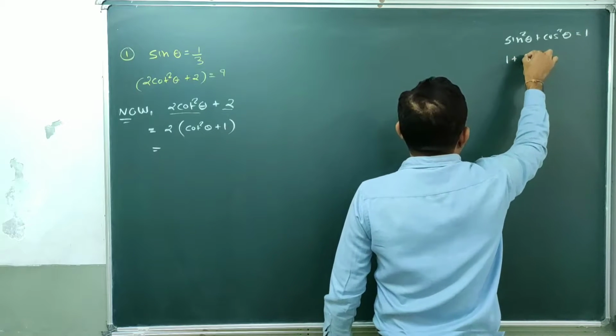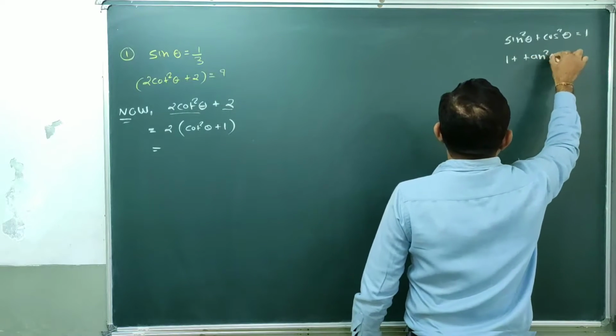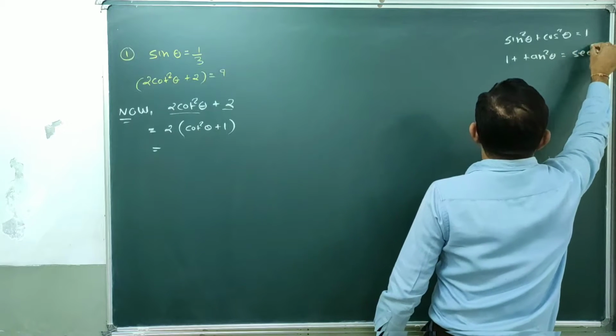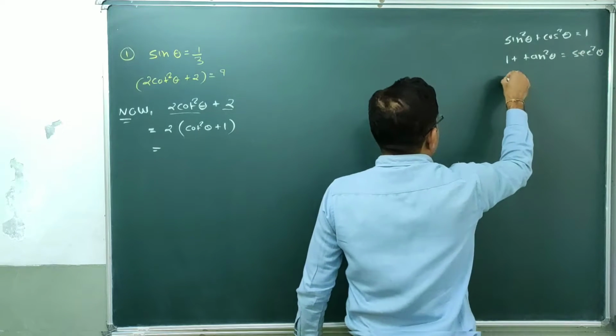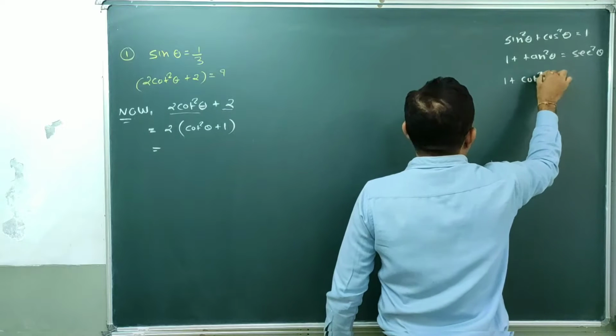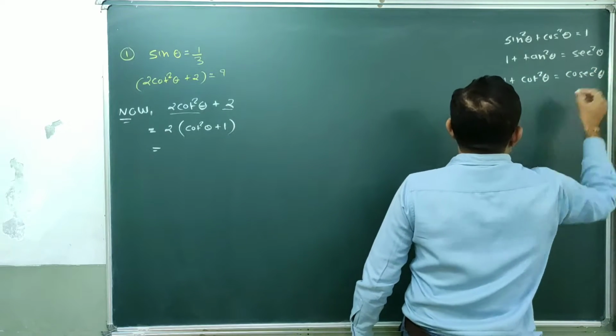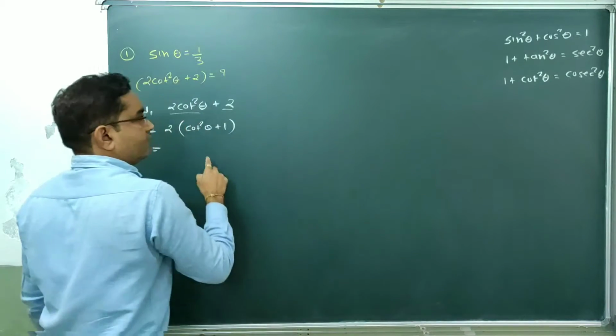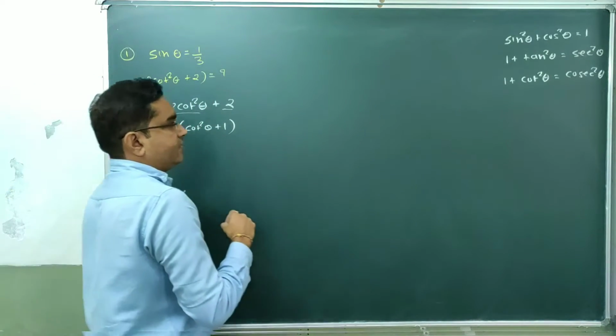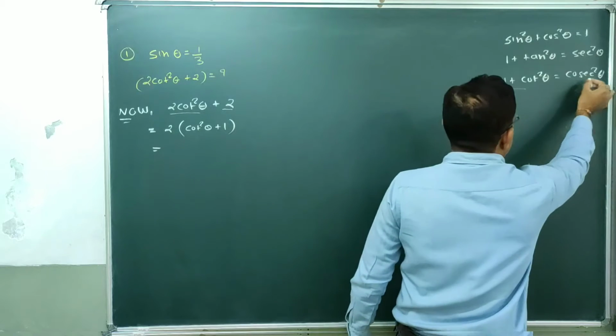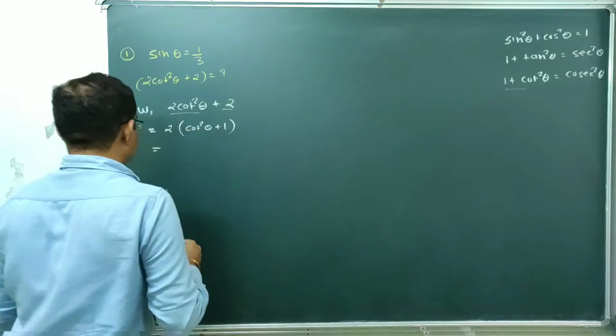Second identity, 1 plus tan square theta equal to sec square theta, and third identity, 1 plus cot square theta equal to cosec square theta. So here 1 plus cot square theta is equal to cosec square theta.